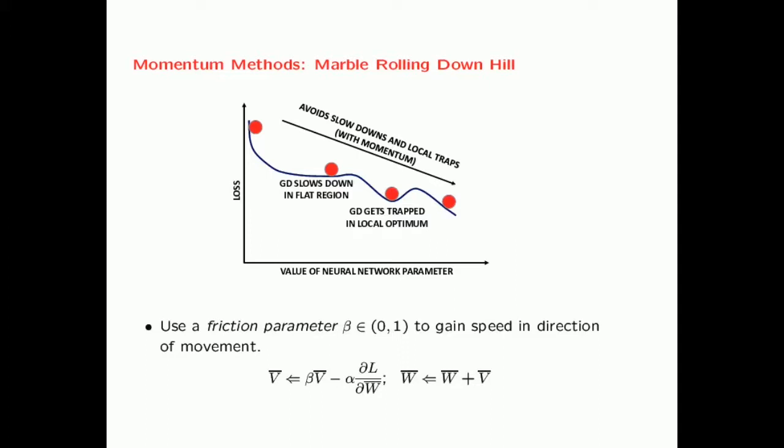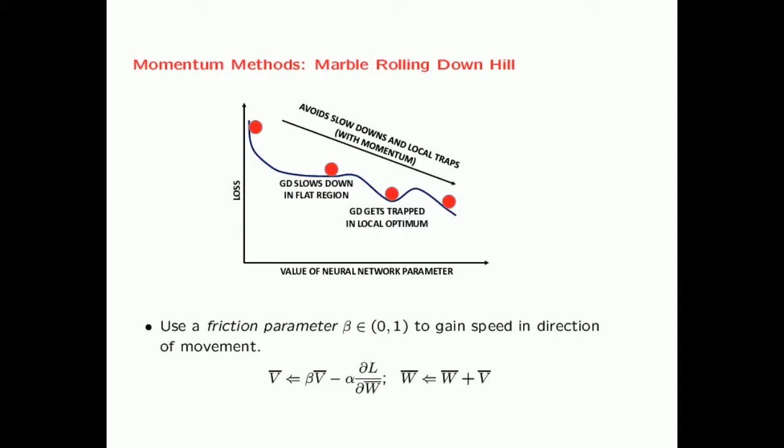Now note that if you use beta equal to 0, your velocity is simply minus alpha times the gradient of the loss function, and the step would simply be a standard gradient descent step. However, when you use larger values of beta, you're typically picking up velocity from the previous steps. So you can compare this process to that of a marble rolling down a hill. This is a very nice physics analogy.